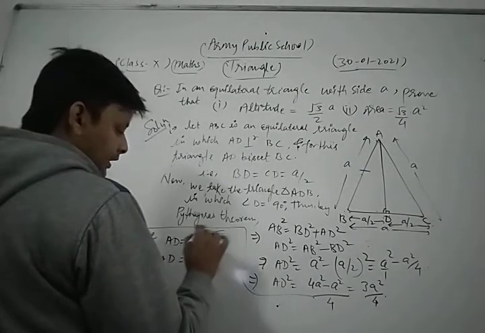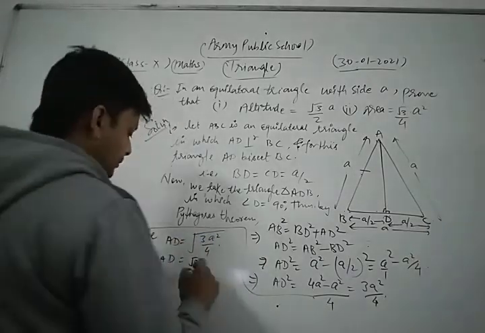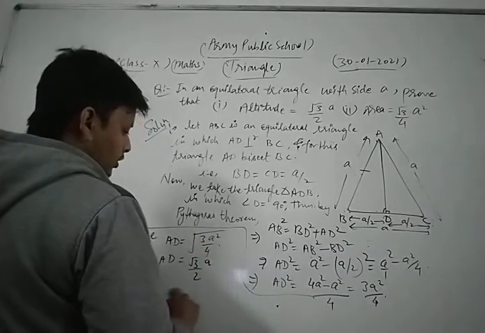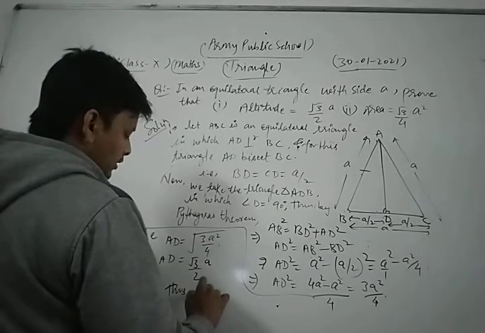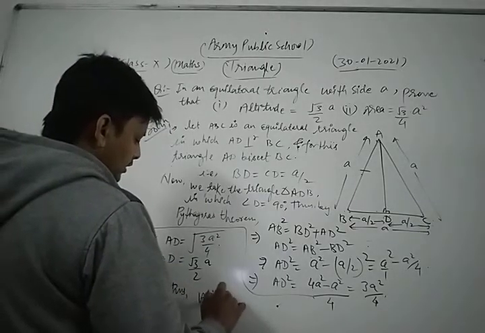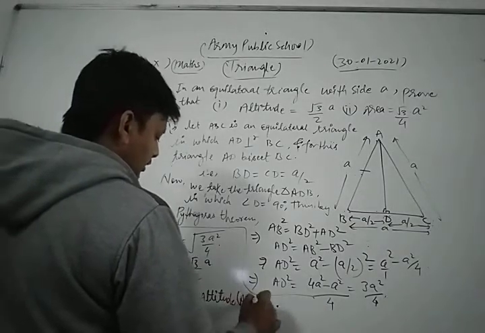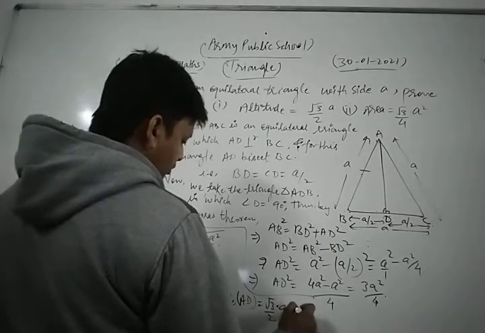We get root 3 as it is. The square root of 4 is 2, so we take 2 in the denominator, and A square gives A. Thus the altitude AD is root 3 by 2 into side. Hence proved.